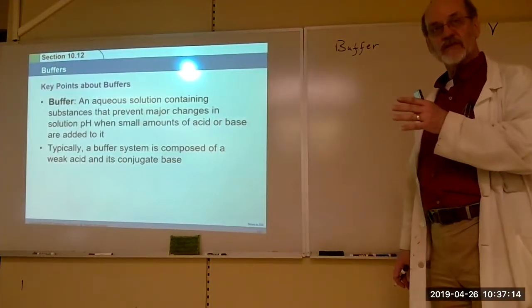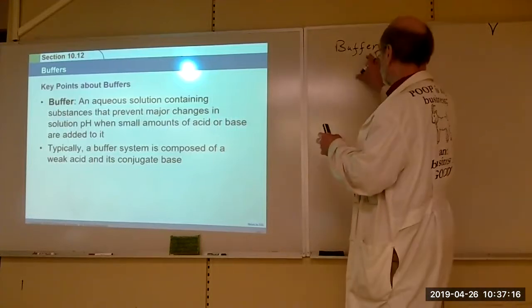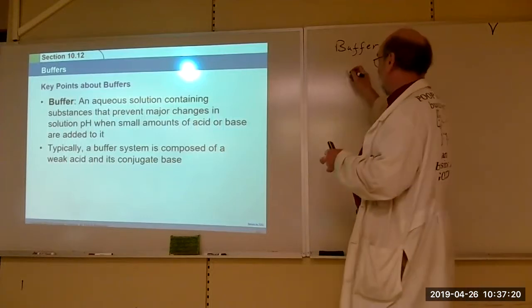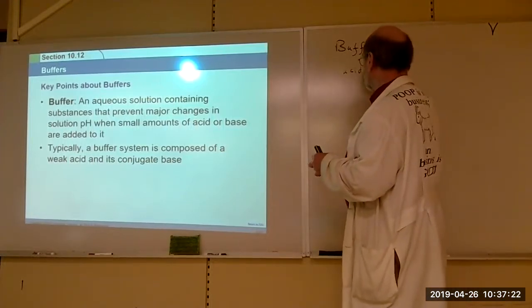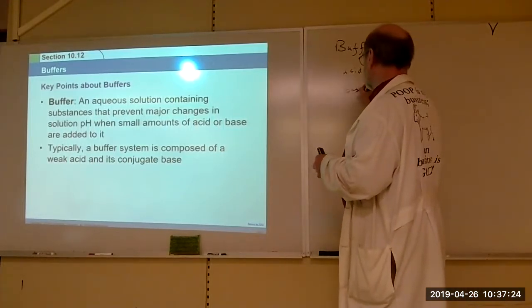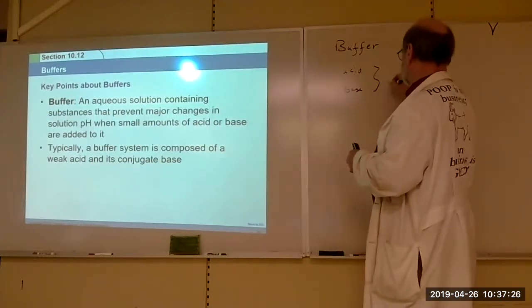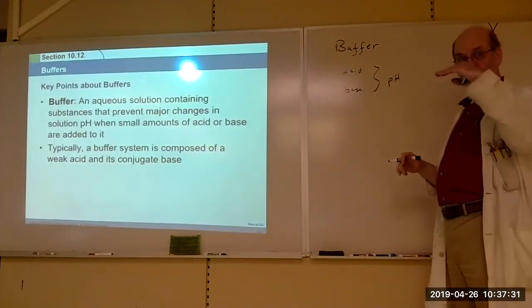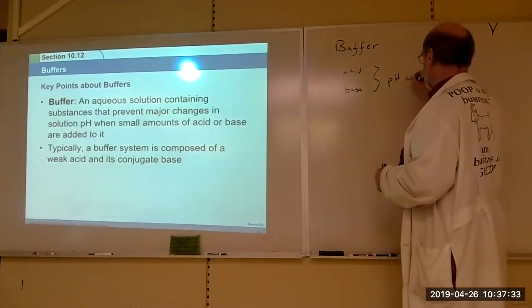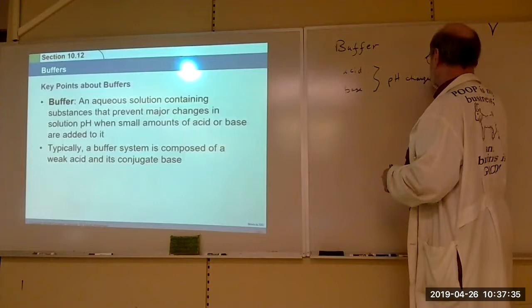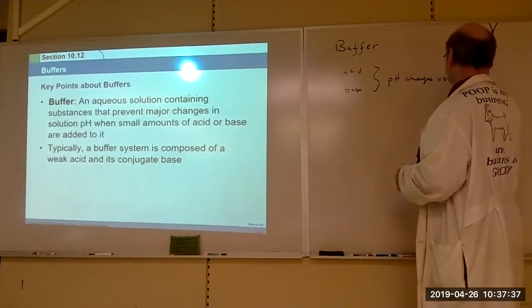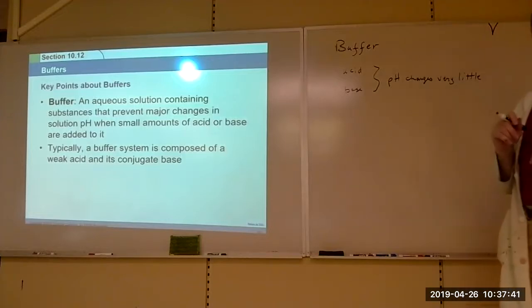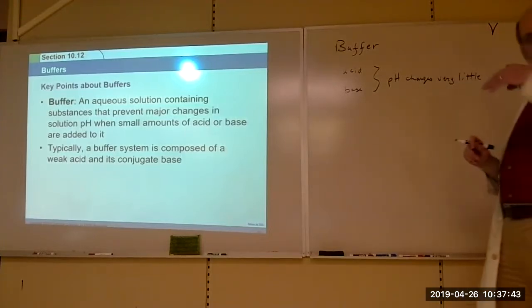And what it means is, if you have a solution that is defined as a buffer, if you add acid or you add base, the pH is not constant, but the pH changes very little. Okay, so it's said to be buffered at a certain pH.